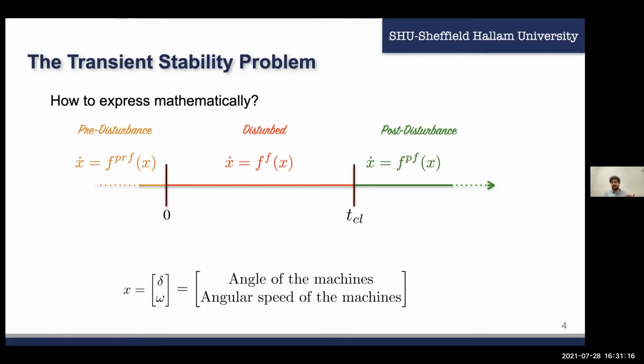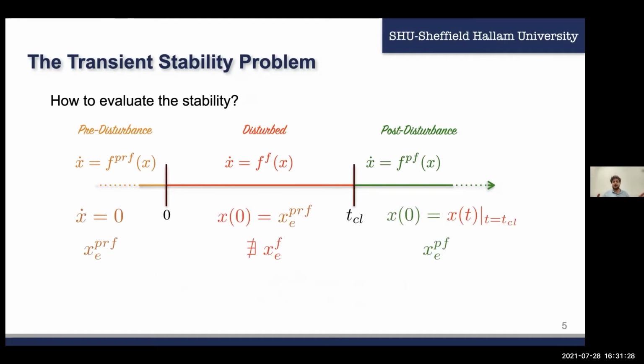Our states in this analysis usually are the angles of the machines and the angular speed of these big rotors that are generating power. How are these sets of differential equations coupled together? Pre-disturbance, our differential equations are at equilibrium, so x dot is 0, and we have an equilibrium point.